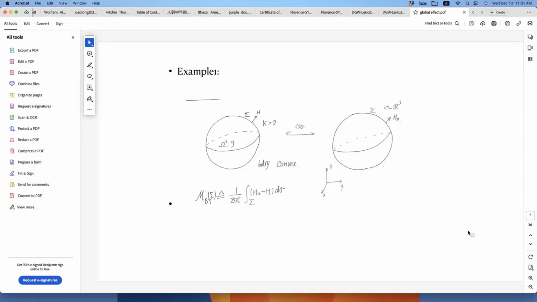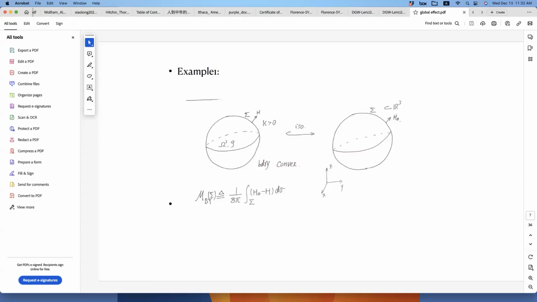Now we have two mean curvatures. The first one is H, and the second one is H naught, which is the mean curvature of the embedded image. Now, Brown-York mass is defined by the integral of the difference of the two mean curvatures, that is H naught minus H. Because such an isometric embedding is unique, the integral of H naught depends only on sigma.